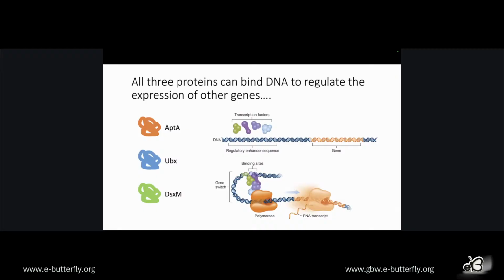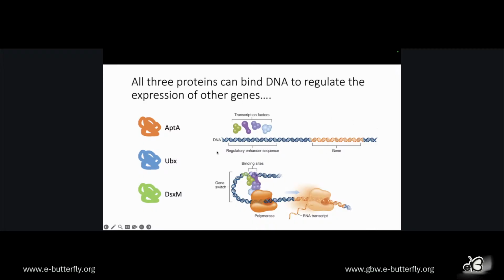So all these proteins that I've talked to you about, Apterous A, which is a dorsal specific protein, UBX, which is a hindwing specific protein, and the Doublesex proteins, the male and the female version, they're all transcription factors, meaning they all bind DNA to regulate next door genes.